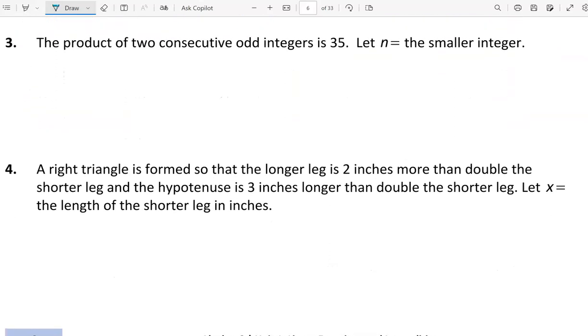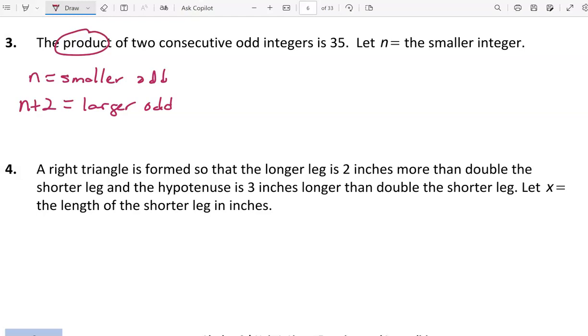The product of 2 consecutive odd integers is 35. So I'm going to let my n be my smaller integer, or my smaller odd number, and then n plus 2 is my larger odd. And we have this word here, product. Product means the result of a multiplication.